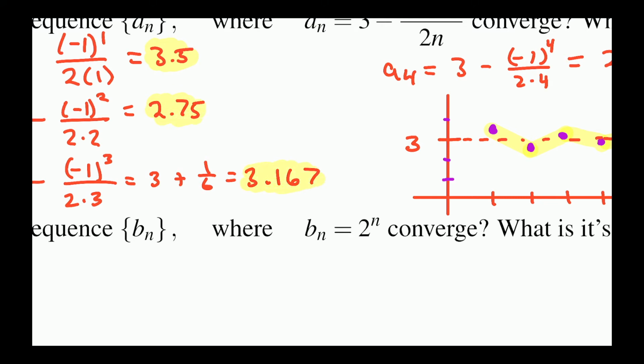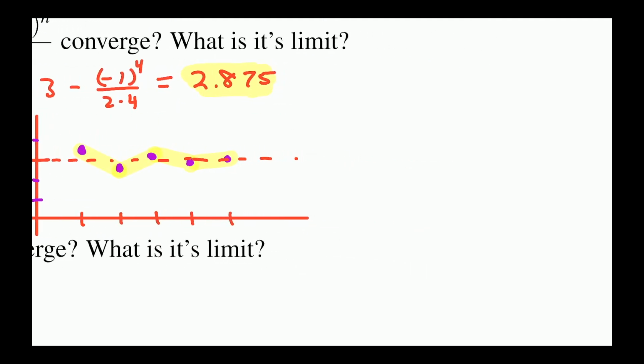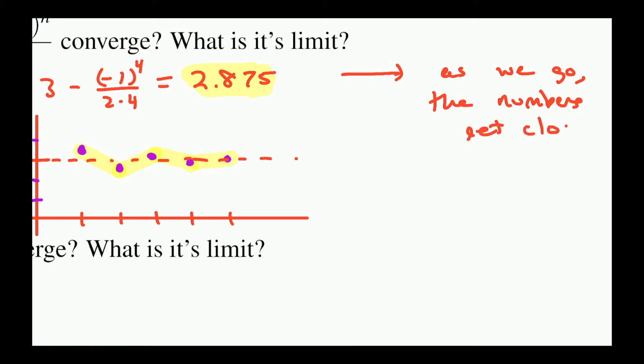This is 1/6 away from 3. This is 1/8 away from 3, right? So what's happening is as we go, these numbers are getting closer and closer to 3. And the more of them you calculate, the more you're going to see that. So as we go, the numbers get closer to 3. So 3 is the limit.